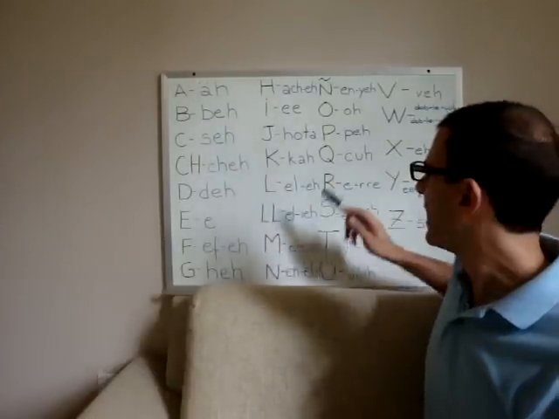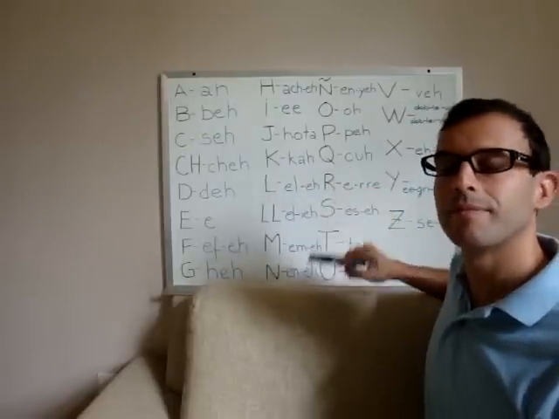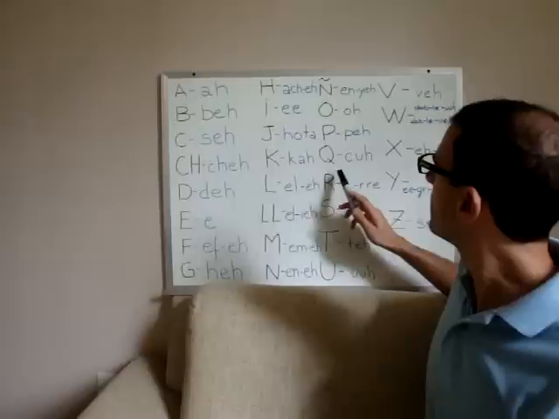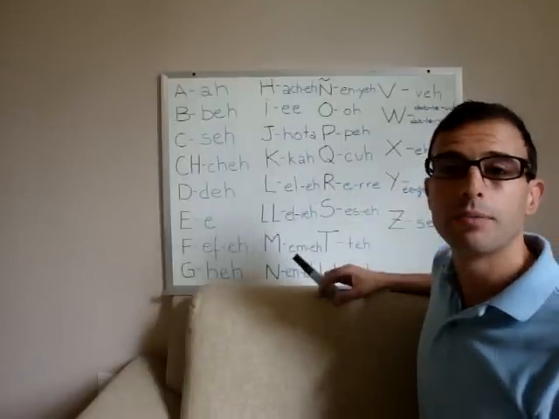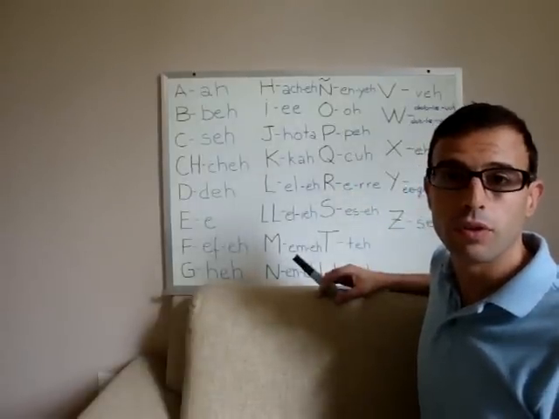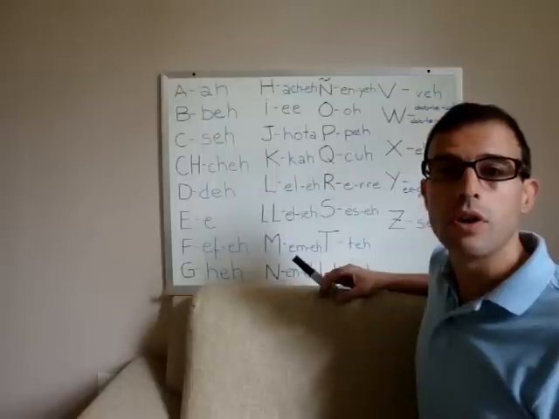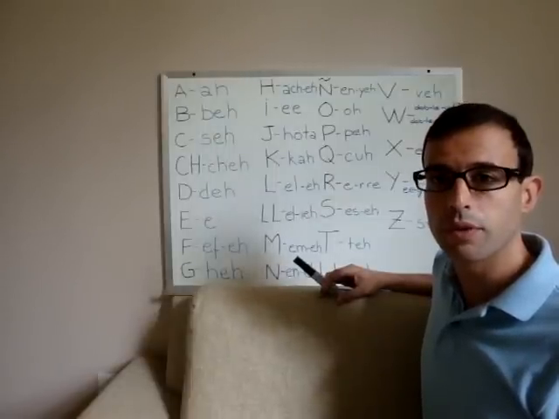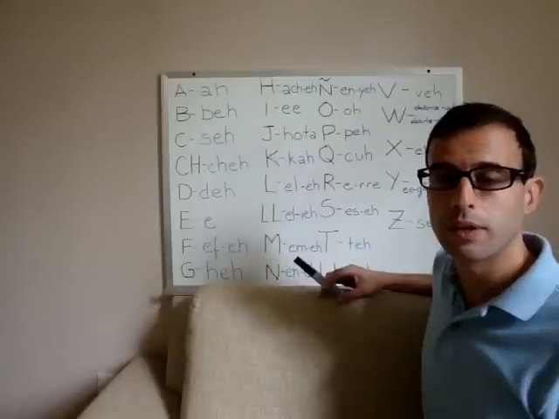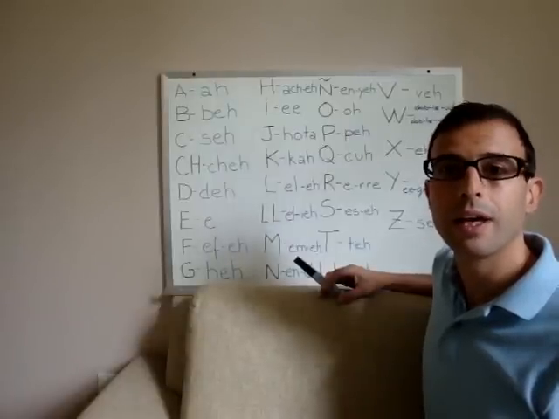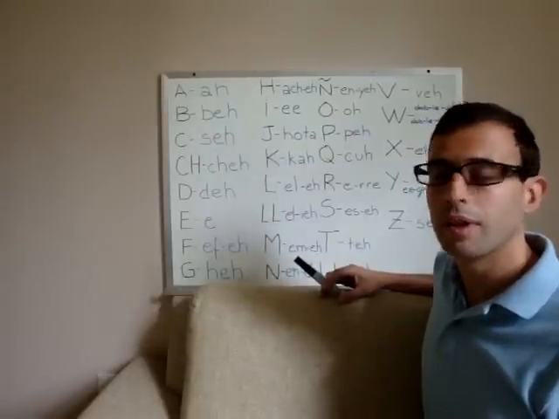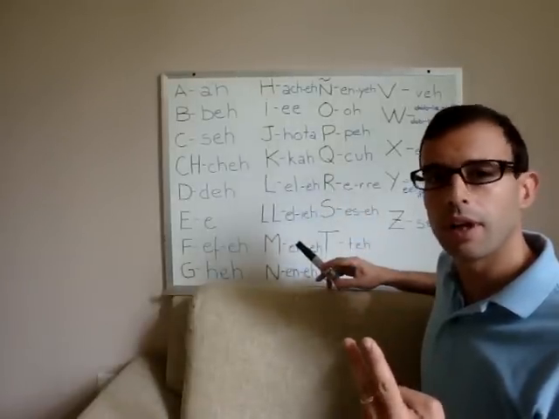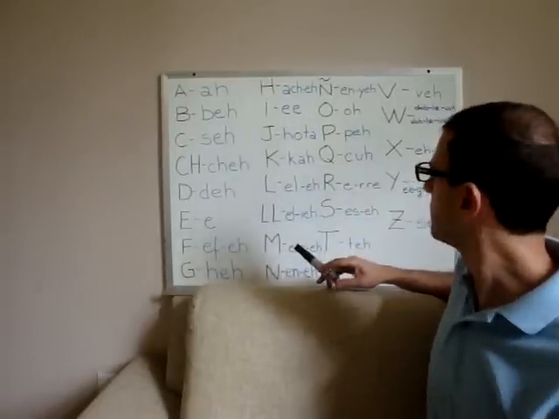Later I will teach you when the R is pronounced with a rough sound, and when it is pronounced with a softer sound. Right? You have R and R. R has two ways of pronouncing, and we'll see that later on.